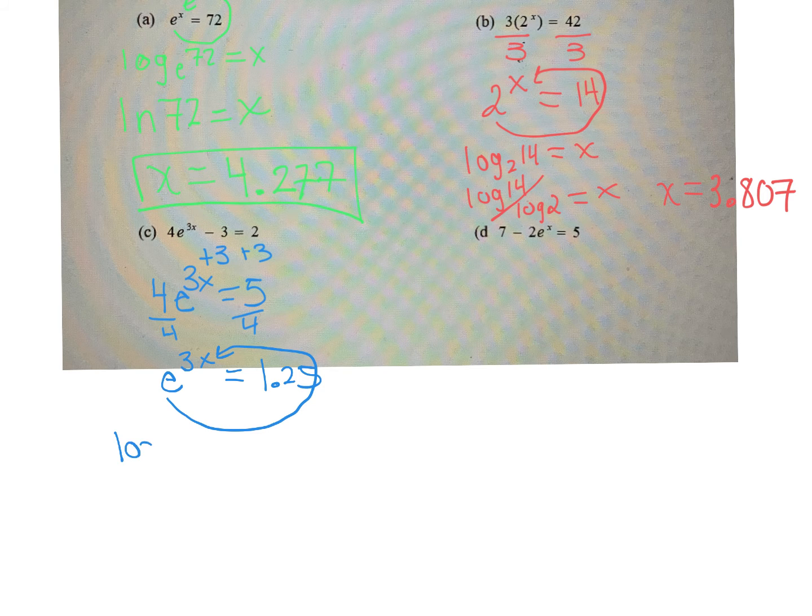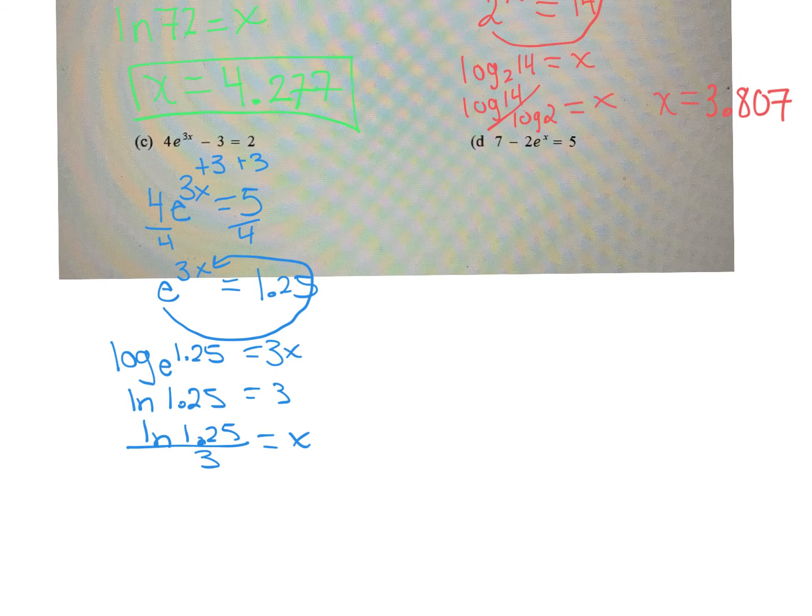So log base e of 1.25 equals 3x. Log base e is ln. And then we divide by 3. And then we can just type that in our calculator. So you should get that x is approximately 0.074.